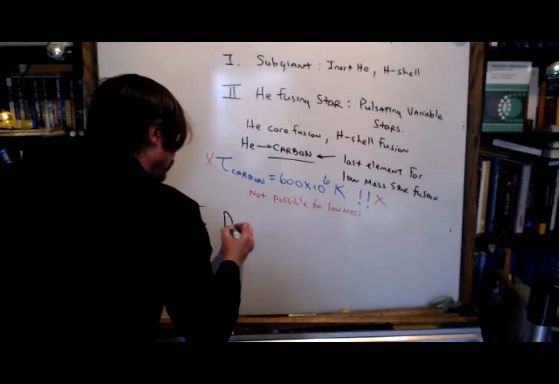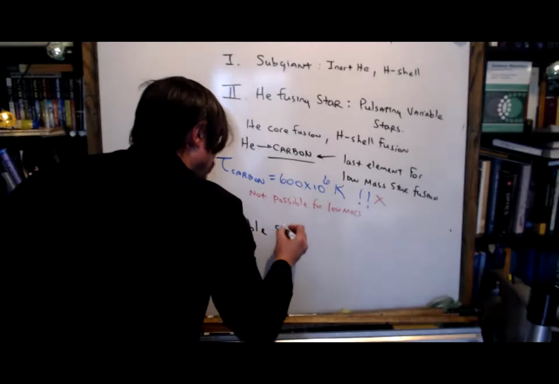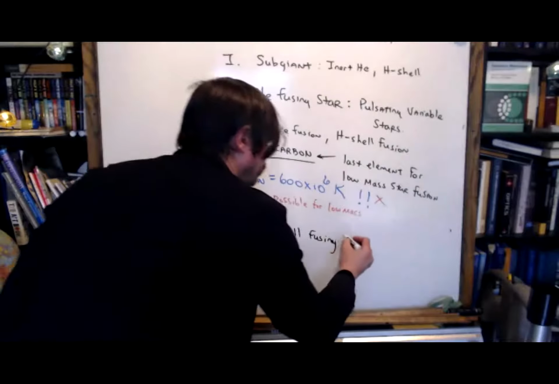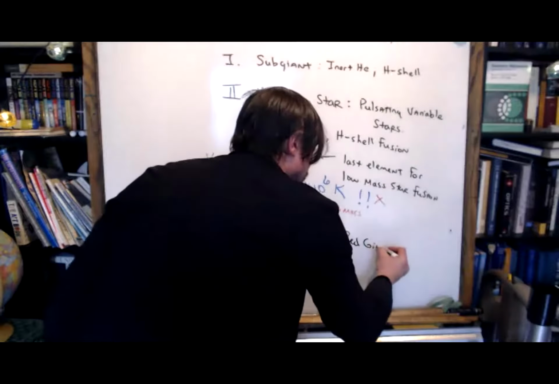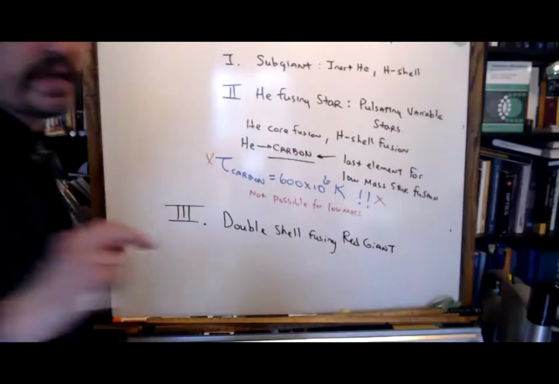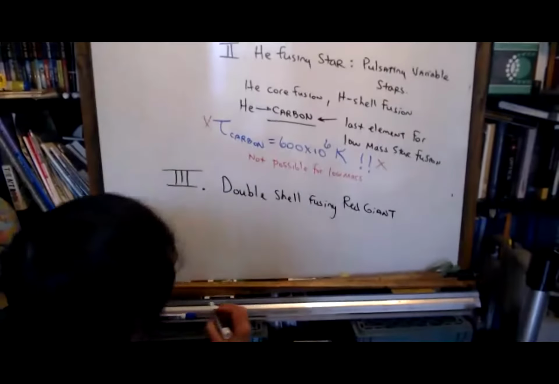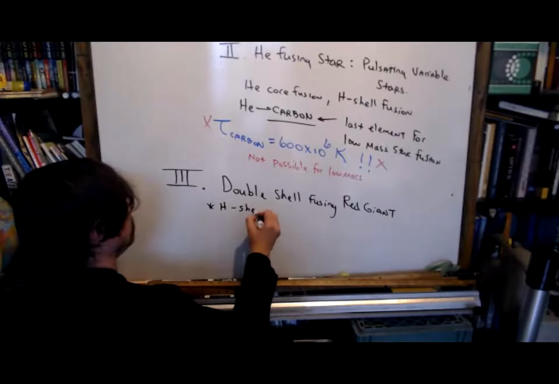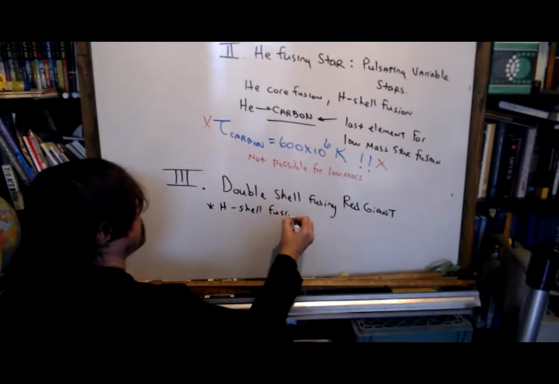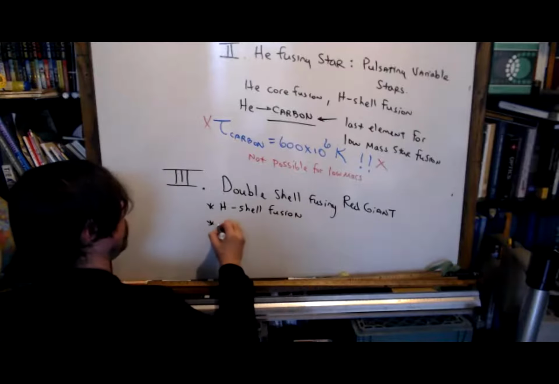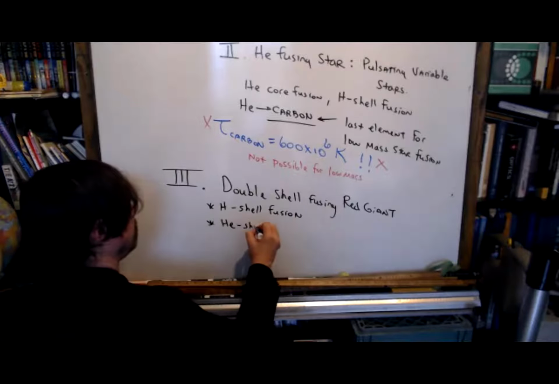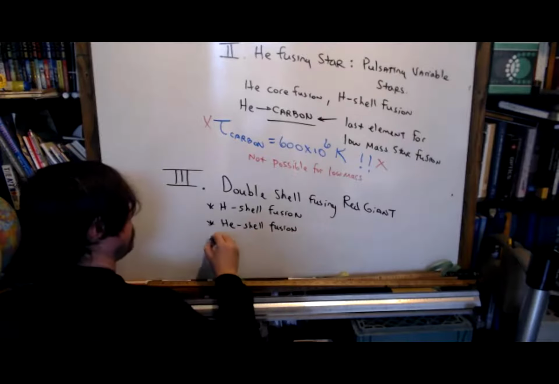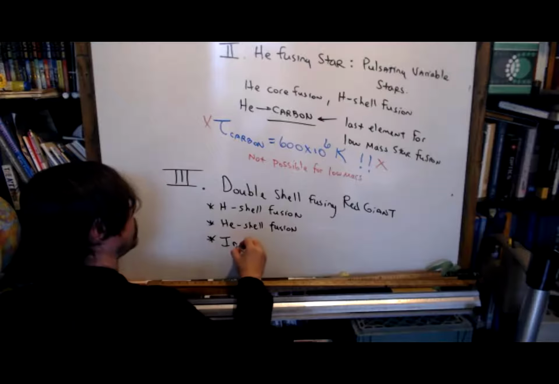Stage 3 of a red giant is a double shell fusing red giant. And this stage involves hydrogen shell fusion, helium shell fusion, and an inert carbon core.